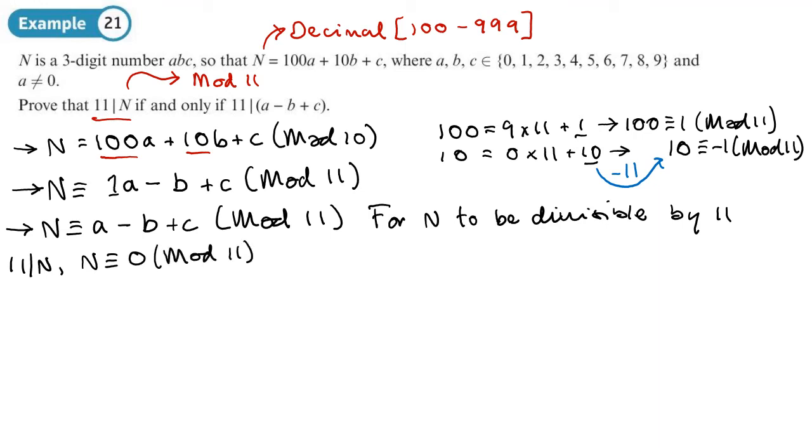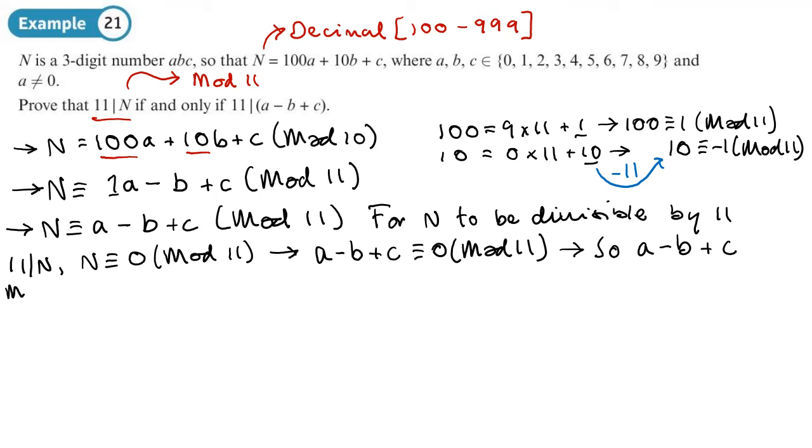Now we know that n is congruent to a minus b plus c, so that means that a minus b plus c needs to be congruent to 0 in mod 11. Now this last statement means that a minus b plus c must be divisible by 11, which we can write as 11 divides a minus b plus c.